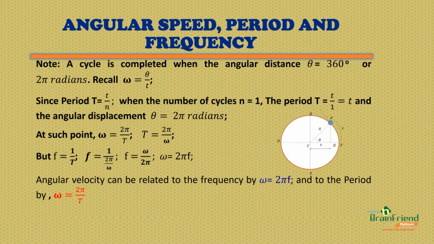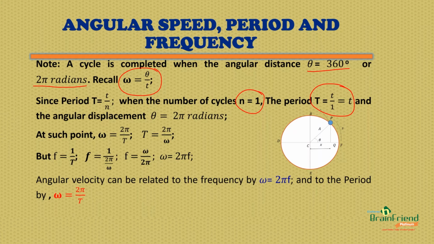Recall from our definition that a cycle is the number of oscillation or revolution. When a cycle is completed, the angular displacement theta is equal to 360 degrees or 2 pi radians. Recall that our omega is equal to theta over t. When the total number of cycles completed is equal to 1, that is n equal to 1, the period capital T is equal to the small t, since t over 1 is equal to t.